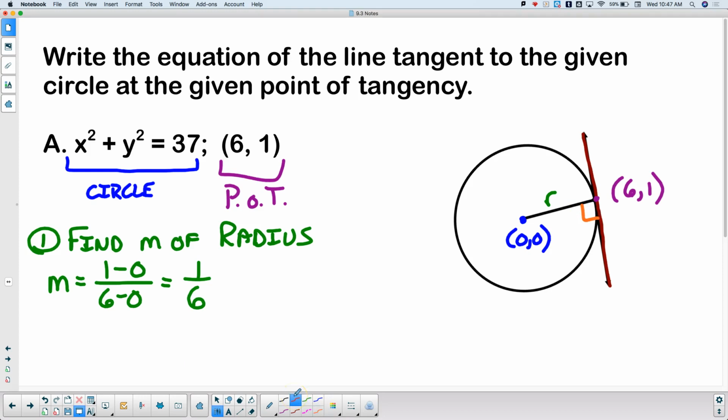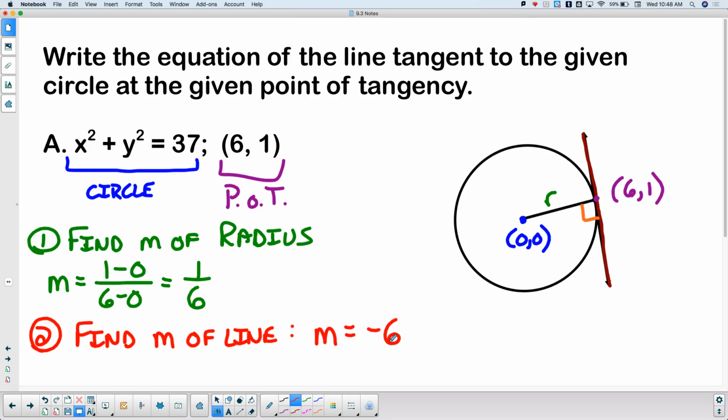Okay, so then the second thing is we're going to find the slope of the line. Faith, what's the opposite reciprocal of 1/6? It would be -6. Okay?